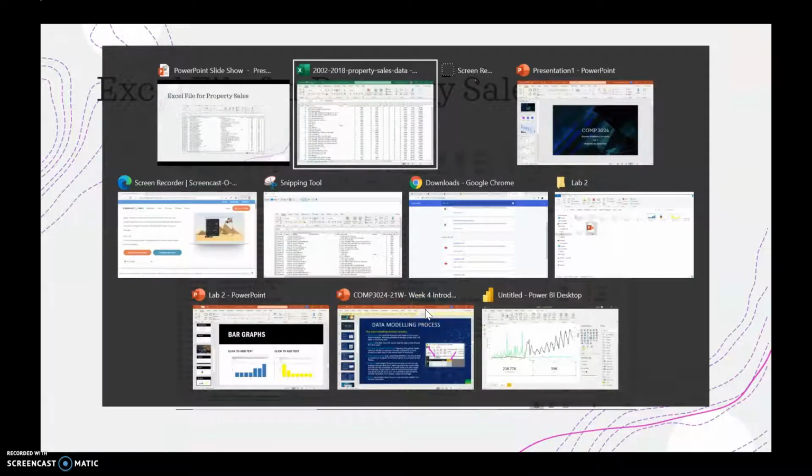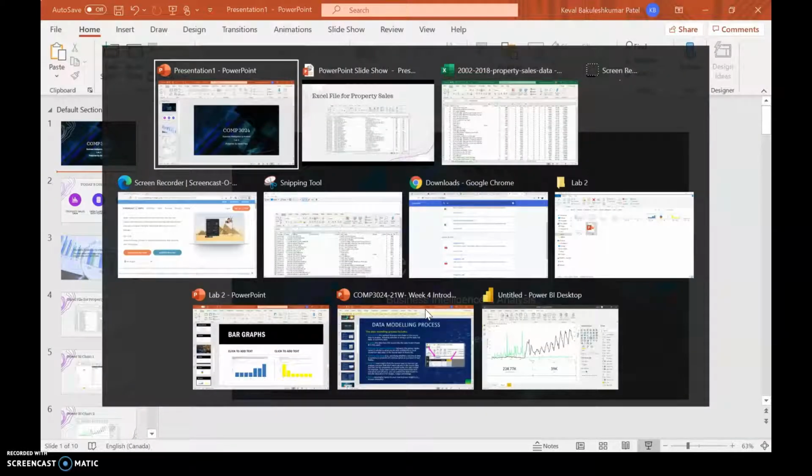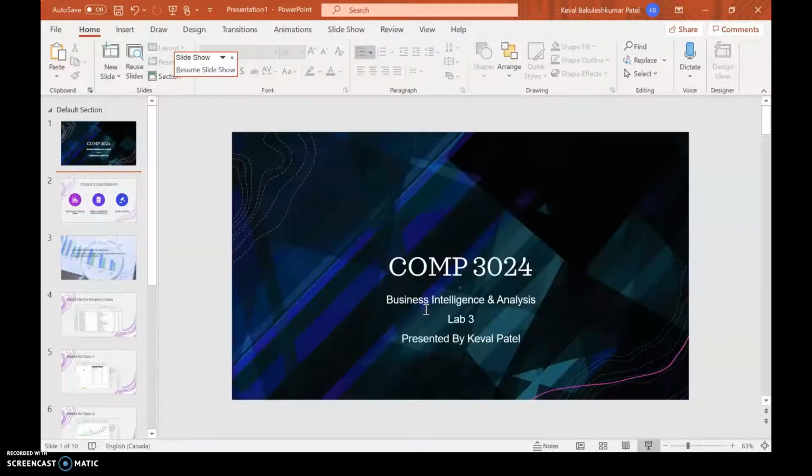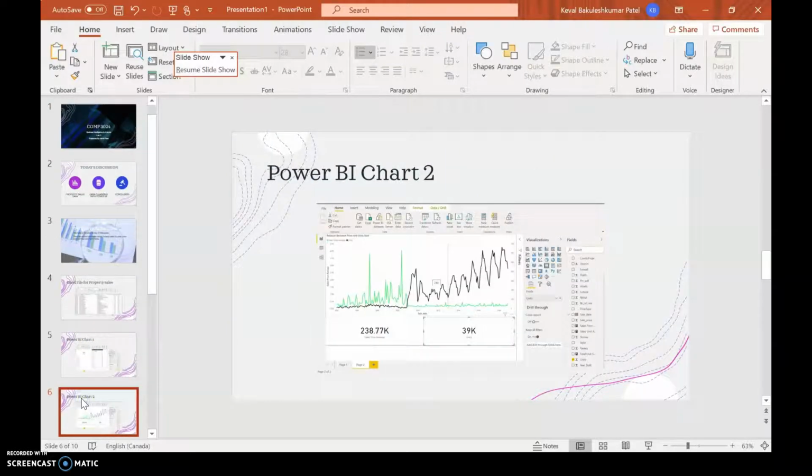So now we will go to Power BI. In Power BI, I created two different dashboards.